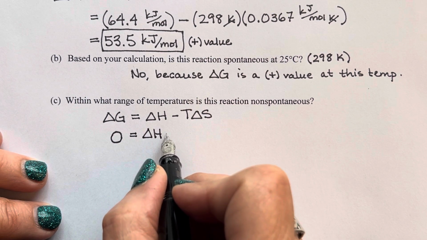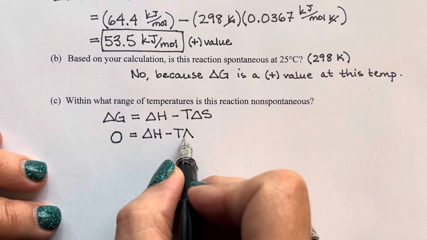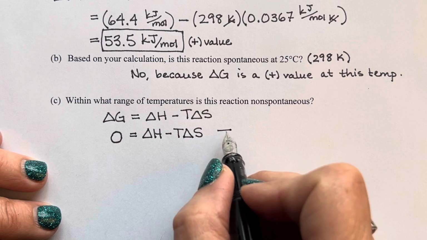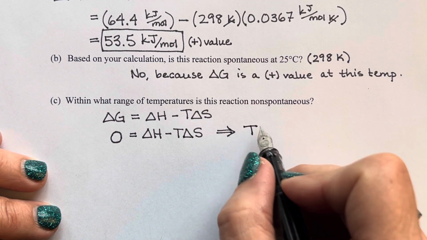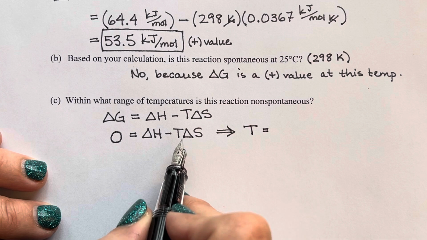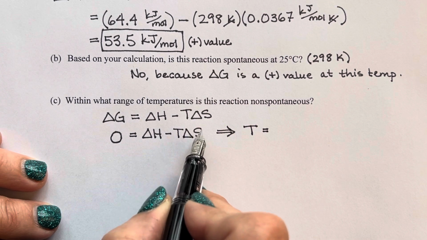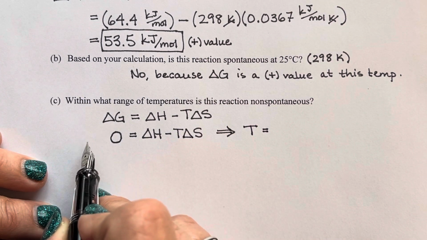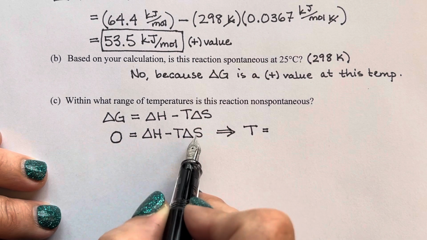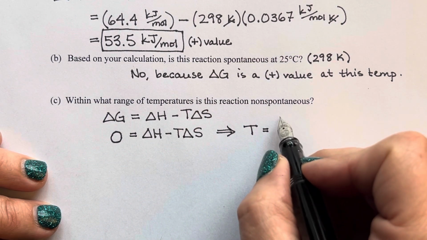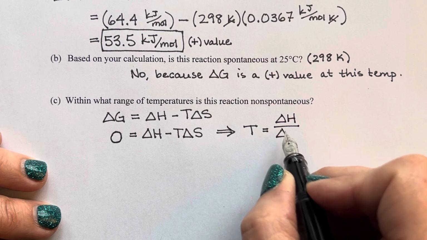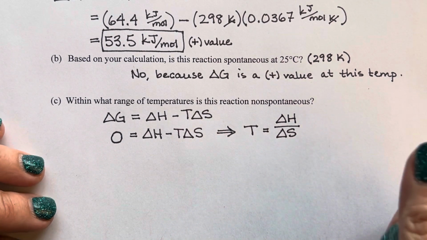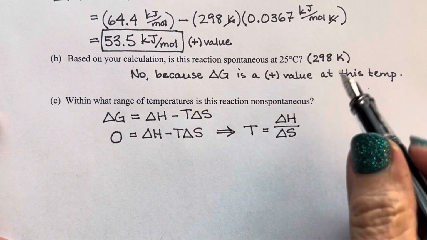All right, this is how you solve this kind of problem. Now we are going to solve for temperature. So that means we are going to add T delta S to both sides and then divide by delta S. And it is delta H divided by delta S. Okay.